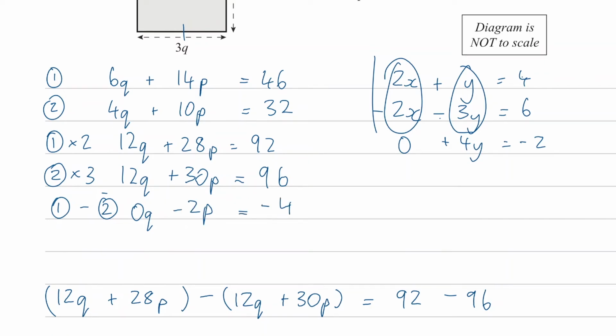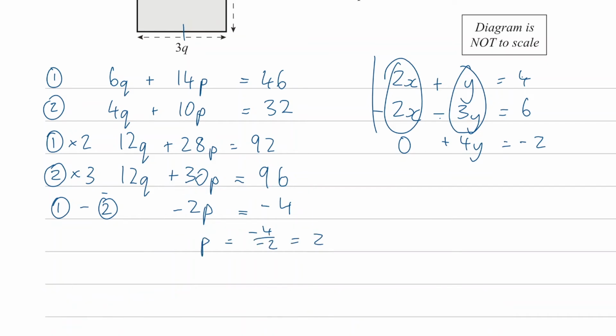And so we're left with minus 2p equals minus 4. So p must equal minus 4 divided by minus 2, which is positive 2.